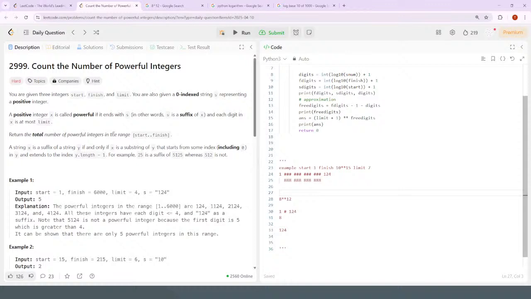So it's at most the number of digits that you're dealing with to the power of your limit, the limit plus 1 to the power of number of digits. So it's at most limit plus 1 to the power of the 3 digits.